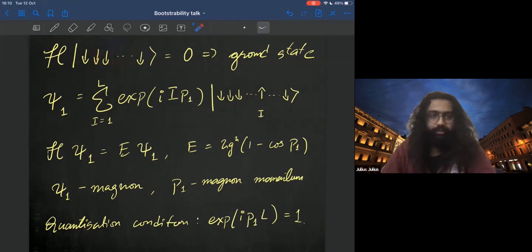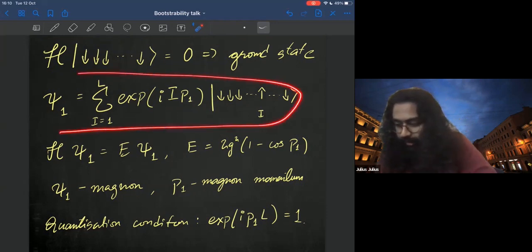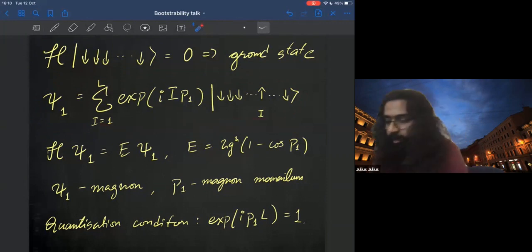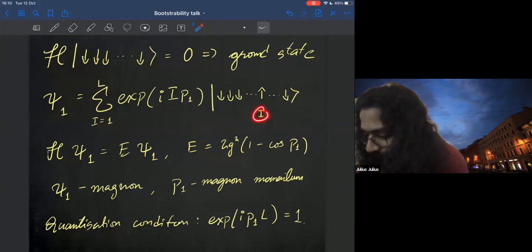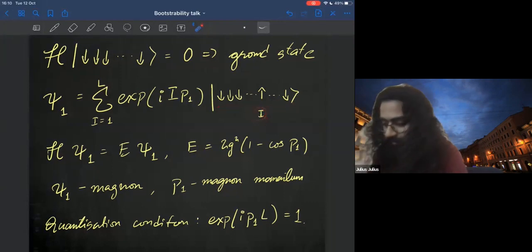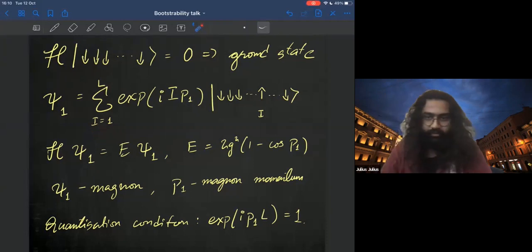So the way you want to construct eigenstates of this Hamiltonian is by considering states which look like this, where I have all spins down except the ith spin is looking up. And then I do a sum. So I have a phase factor here, and then I have a sum over all of the sites of the chain.